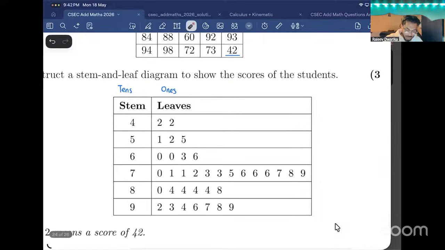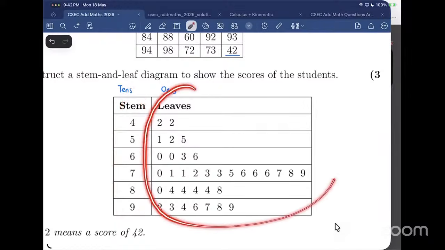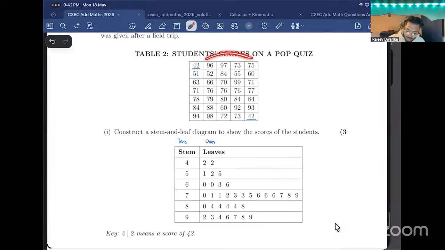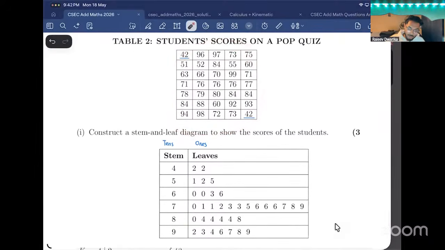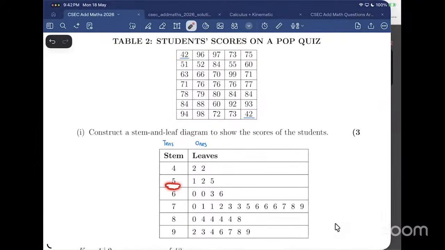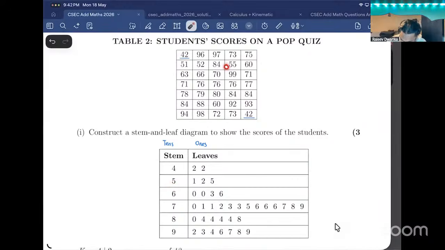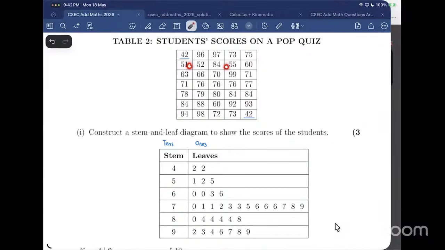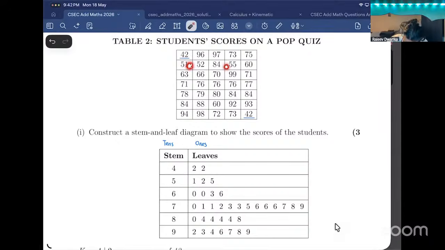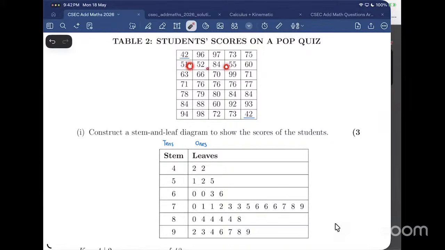So you're just going to sort your tens: 4, 5, 6, 7, 8, and 9. I'll put that down as my tens and put the respective leaves, finding them from the information given. So for 5, we have 55, 51, and 52. Where's the 52? Next to 51. Oh, right here. Yeah.